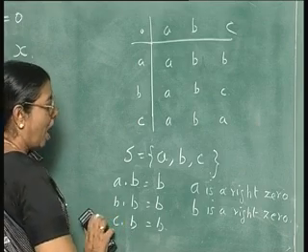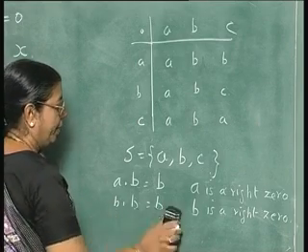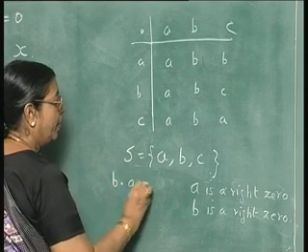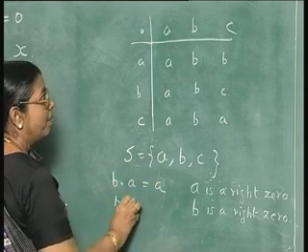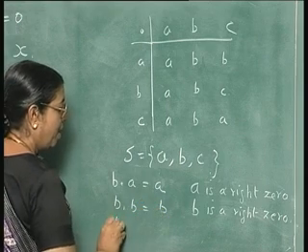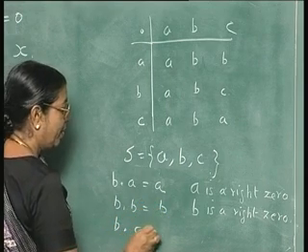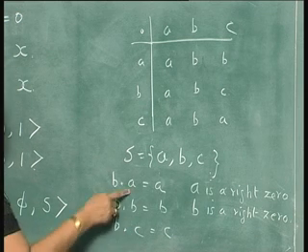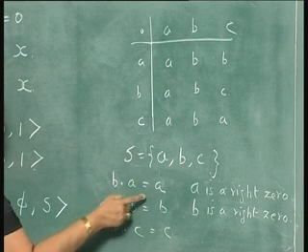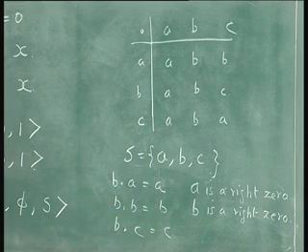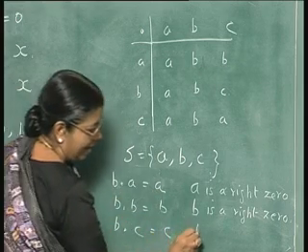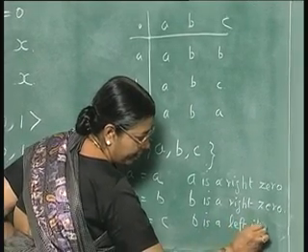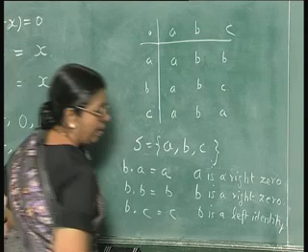Now what can you say about B? B dot A is equal to A, B dot B is equal to B, B dot C is equal to C. So, when you multiply something by B on the left, you get the same element A, B, C. So, B is a left identity in this table.